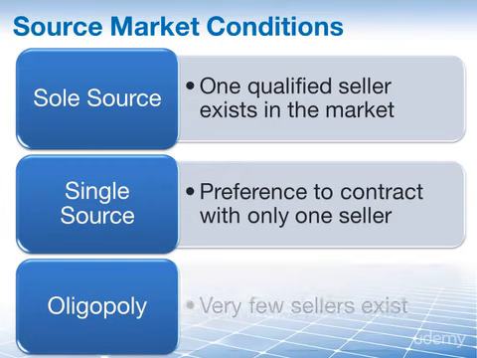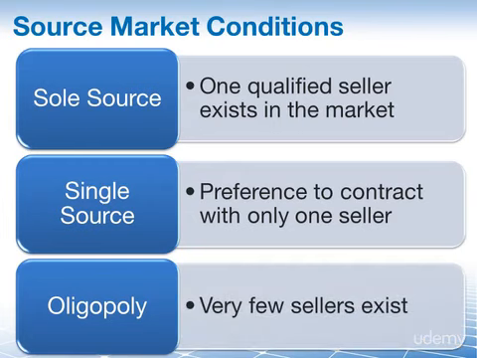The oligopoly, on the other hand, refers to a market condition where a very few number of sellers exist, such as the action of one seller will have impact on other sellers, particularly on the price. For instance, if there are only 2 sellers of a particular product on the market, and one of them decides to slash their price by 25%, well, then the other one really has to lower their price as well if they want to be able to continue to sell their product.